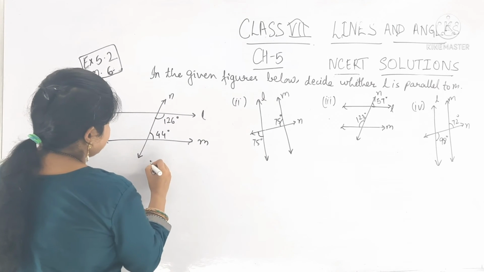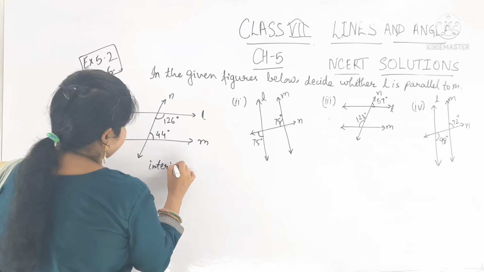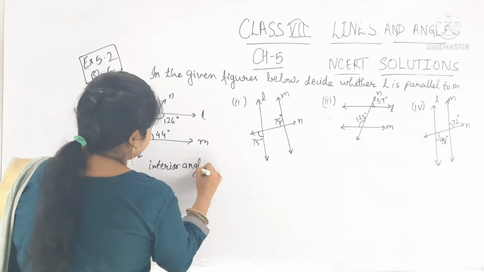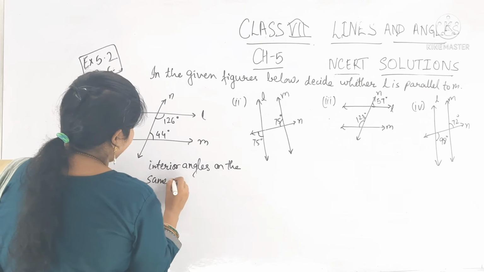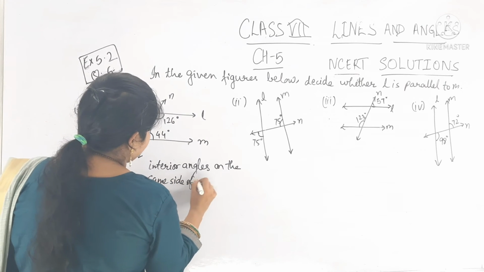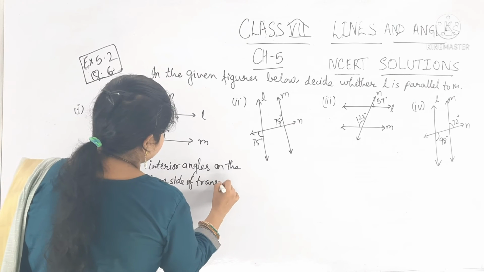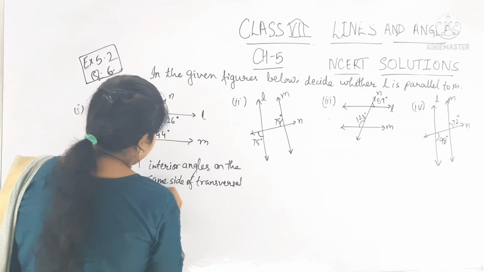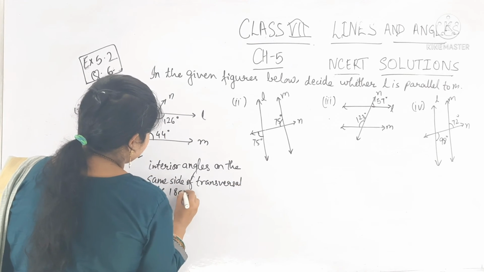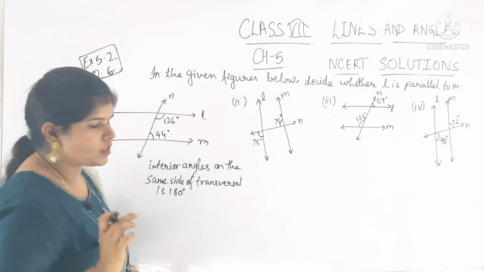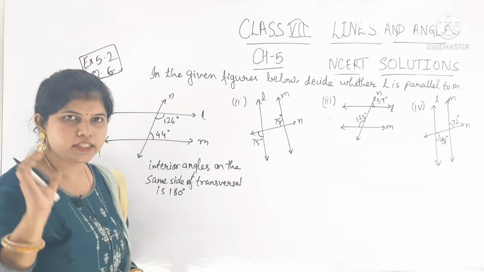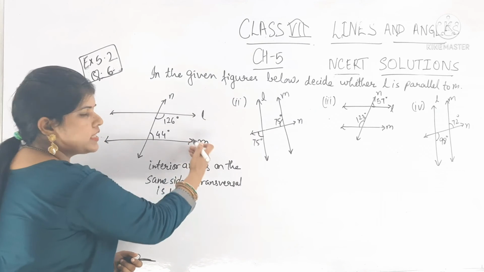So interior angles on the same side of the transversal sum to 180 degrees. Here you can see there is 126 and 44 degrees, the interior angles that are inside these lines.